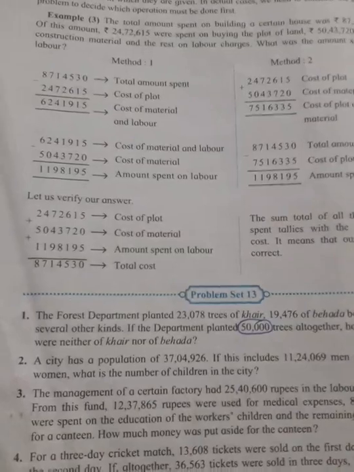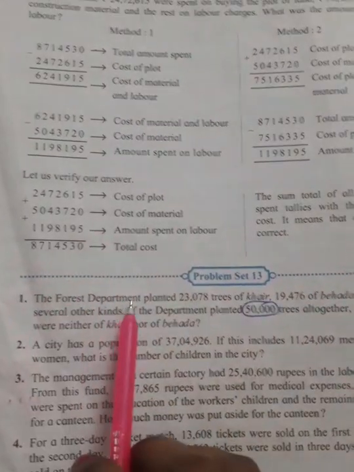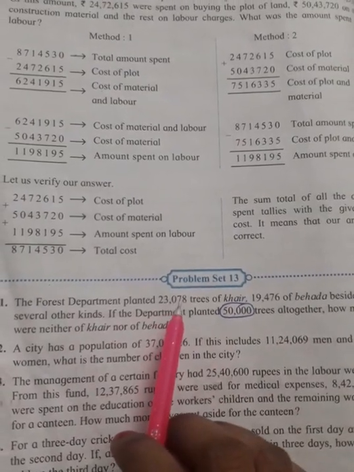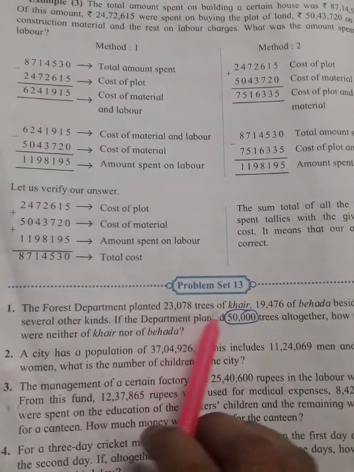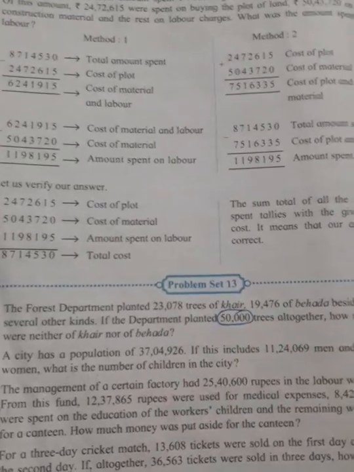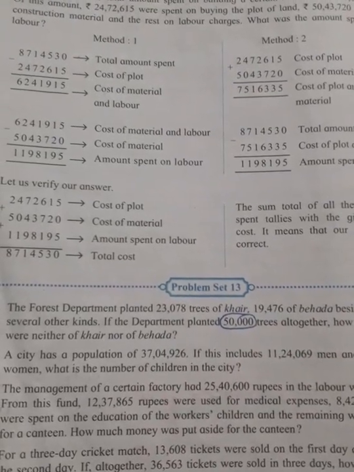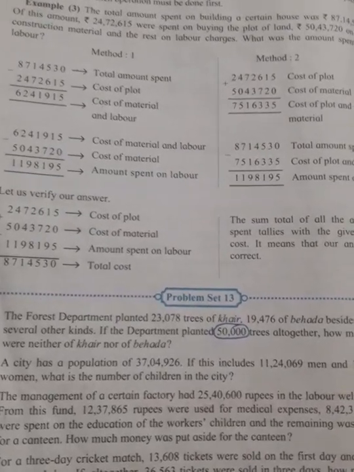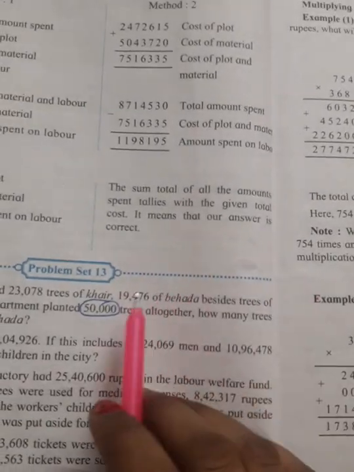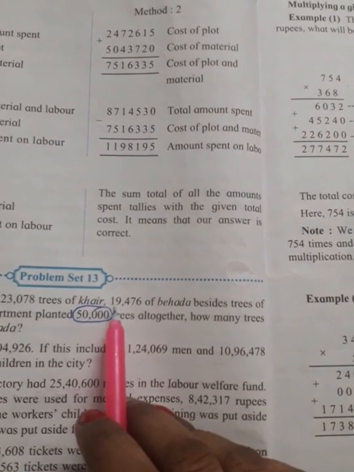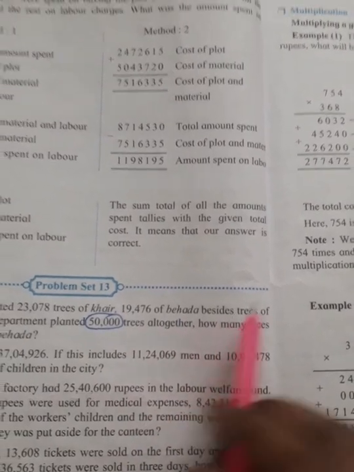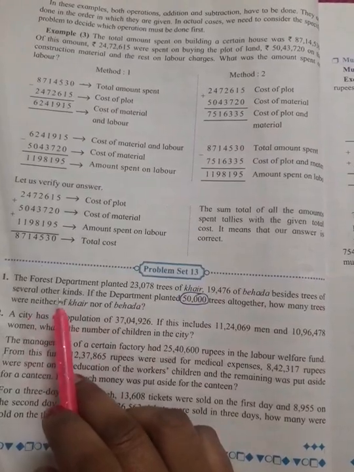So here the forest department planted 23,078 trees of Kher. Okay, so the forest department has planted 23,078 trees of Kher, 19,476 of Bihara, besides trees of several other kinds.